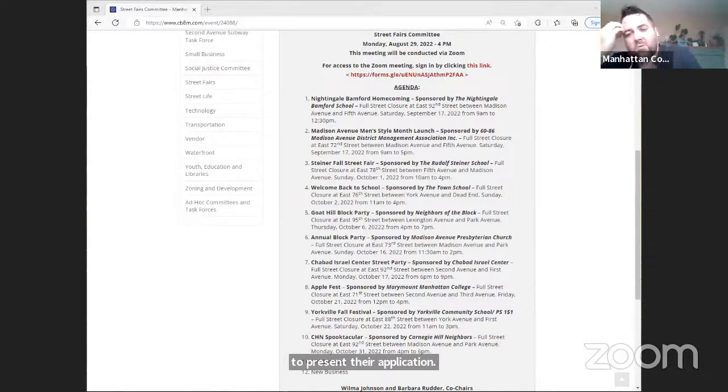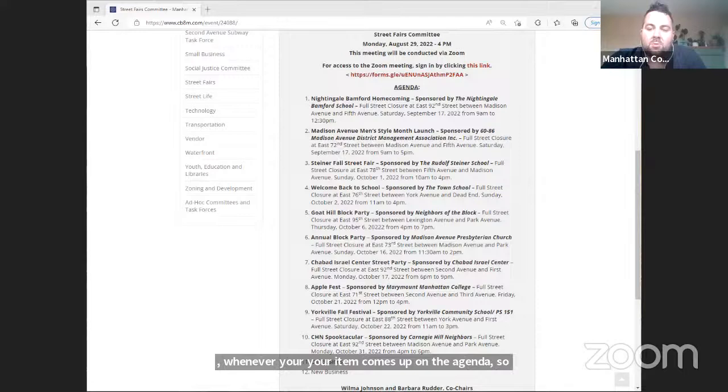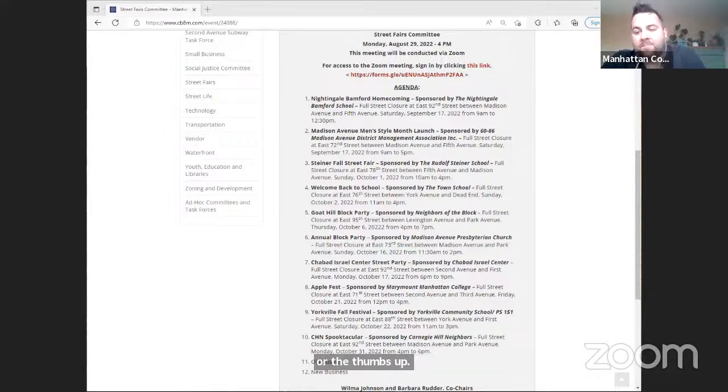You'll help us out if you raise your virtual hand whenever your item comes up on the agenda so that we can know who to unmute. You can participate by going to the reactions icon and pressing the raise hand button there. It's not the wave or the thumbs up, it says raise hand. Only press it once. If you press it a second time, your hand will go back down. If you're calling in from the phone, it's *9 to raise your hand and *6 to unmute whenever you're called upon.